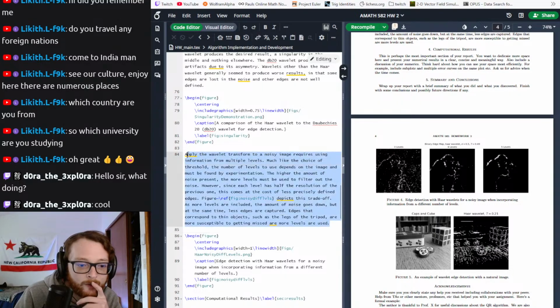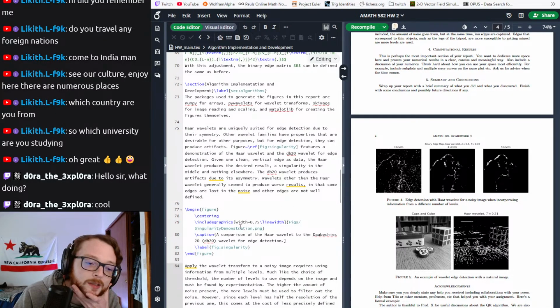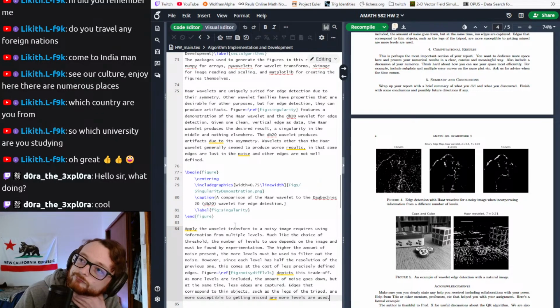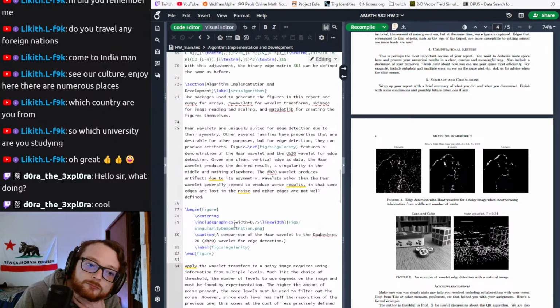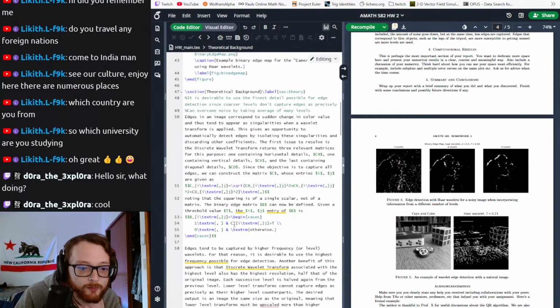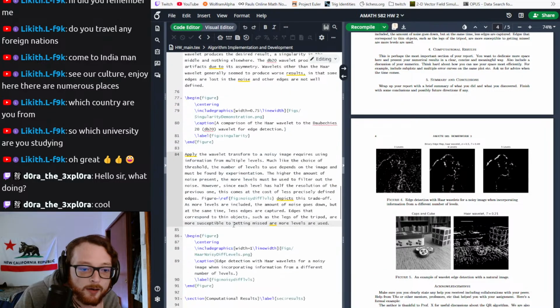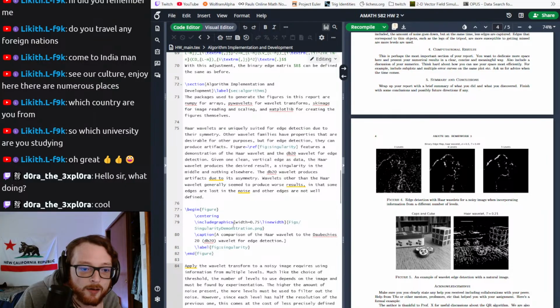Okay, that feels like a nice discussion on experimenting with noise. Algorithm implementation and development. I could say something about having to experiment with the threshold values. I don't think I addressed this in the theory part. Do I need to though?